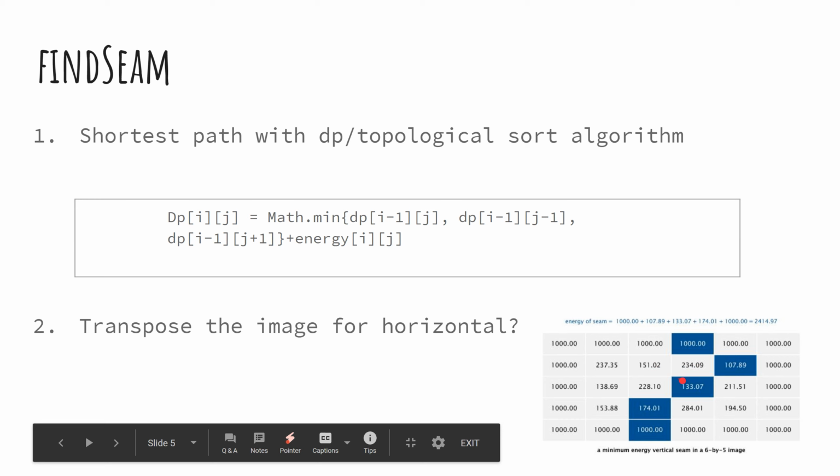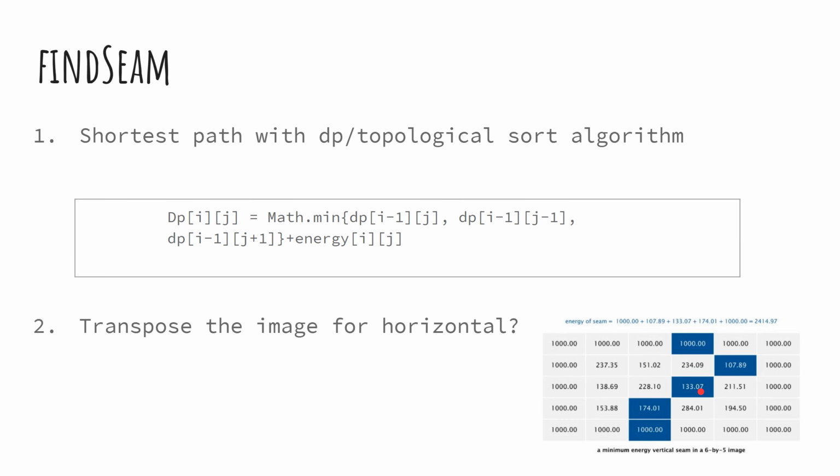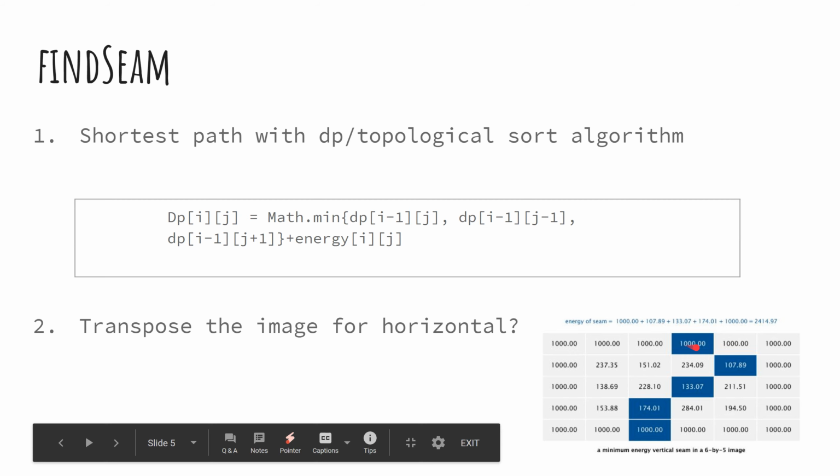We can be here and move here, we can be here and move here, or we can be here and move here. So with three ways, we need to find the minimal one, and that's the shortest path we want. After we find the seam, we save those column numbers into an array and return the result.